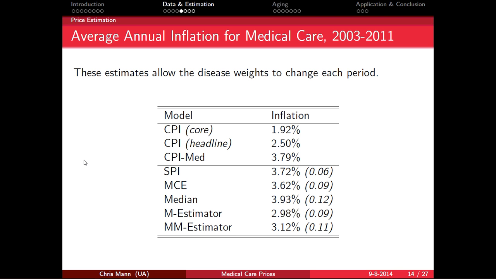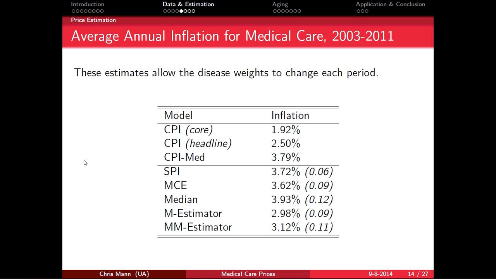And when we do that, I see that the MCE is actually about 3.62%, which is very, very close to my calculation for the SPI. In fact, what this would say is that the CPI for medical care is really only biased by about 0.1%.